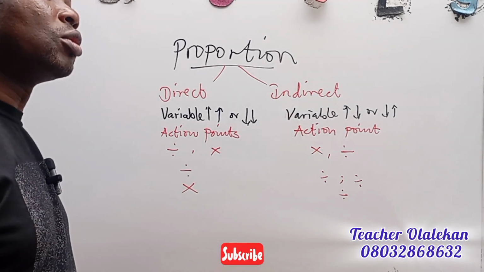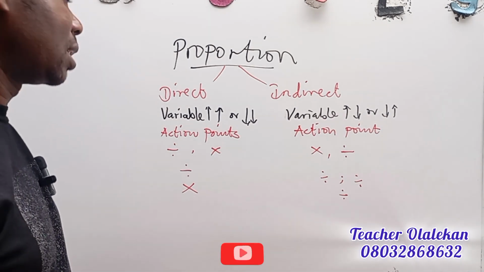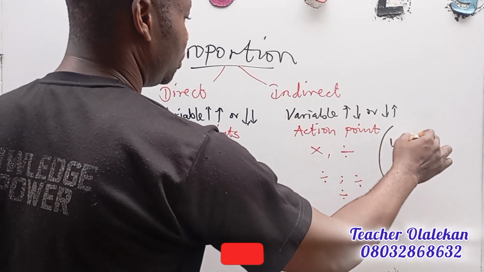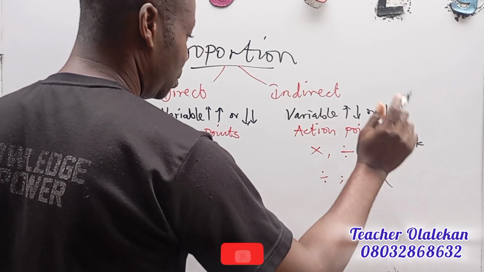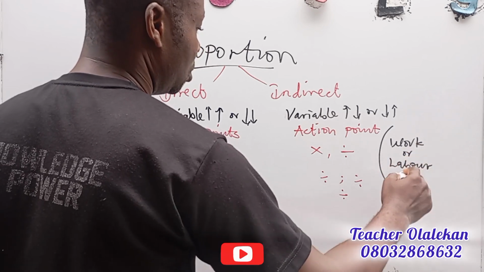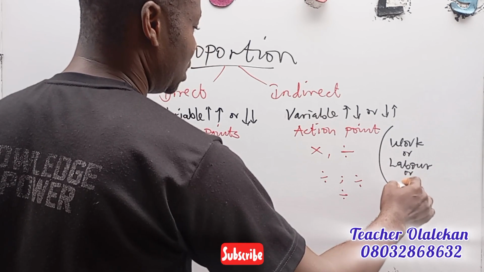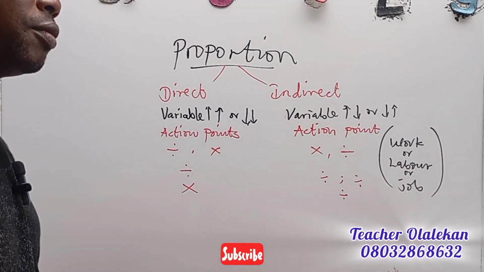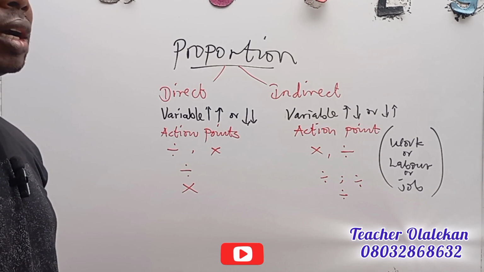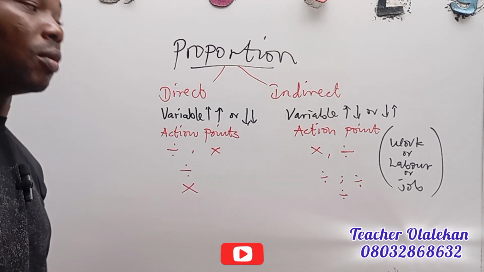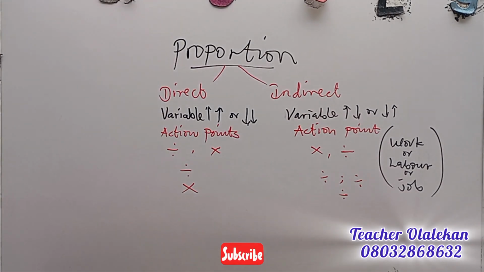For indirect proportion, you also need to know what it is centered on. Indirect proportion is mostly centered on work or getting a job done, work or labor. So anything that has to do with a job. For example, we may say that 5 workers can build a house in so many days, and how many workers or laborers will be needed to get the same job done in a particular number of days.